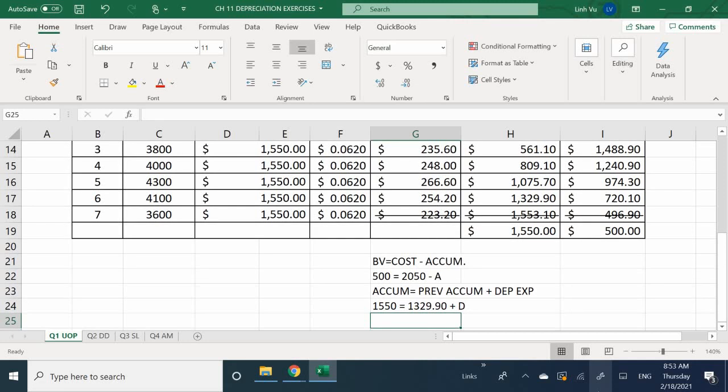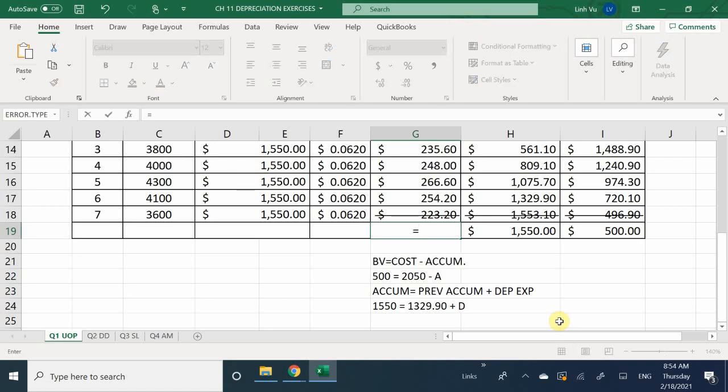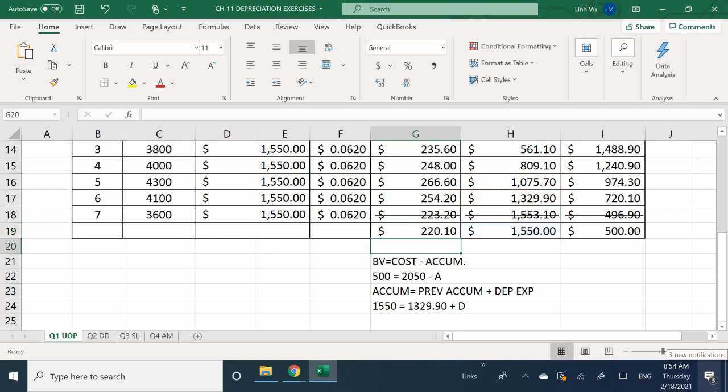How do I solve for my current depreciation expense? 1550 minus 1329.90, which is 220.10. Perfect. You take your 1550 and subtract your previous year's to get your current depreciation expense.